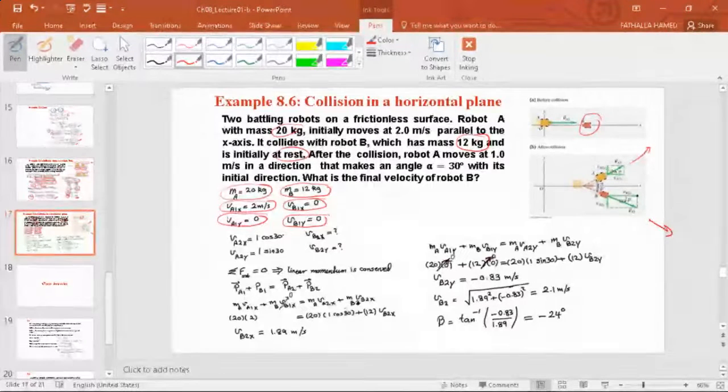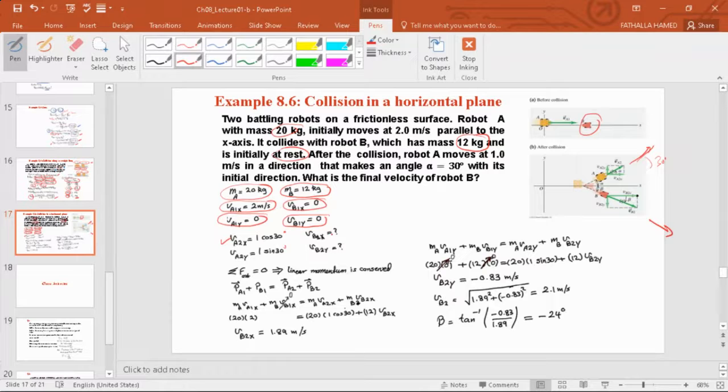After the collision now, A is moving this way at an angle of 30 degrees and a speed of 1 meter per second. So VA2x will equal 1 cosine 30, and VA2y will equal 1 sine 30 degrees.